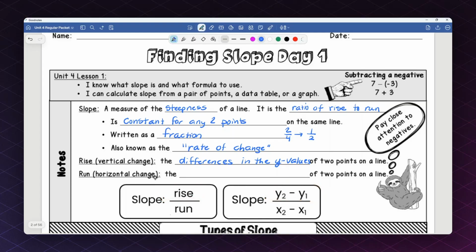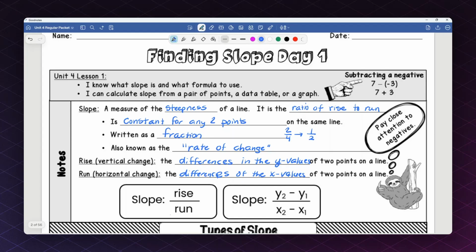And then the run, the horizontal change, is going to be the differences of the x values of the 2 points of the line.